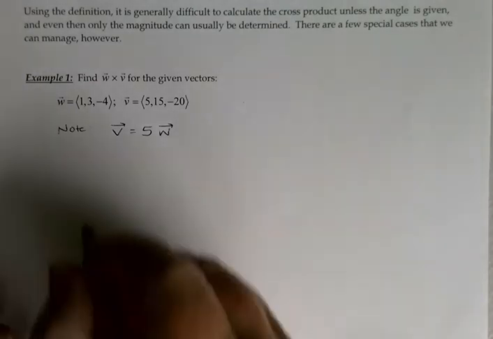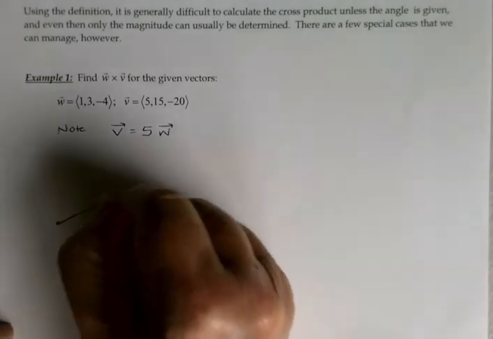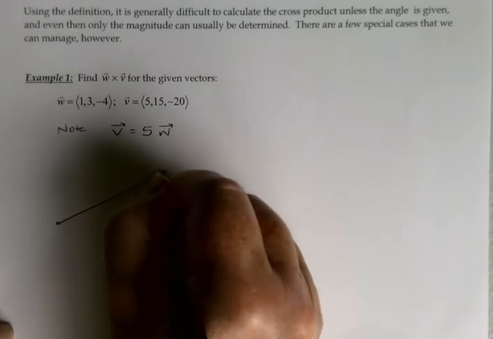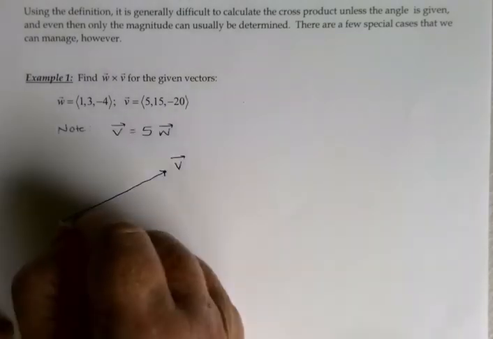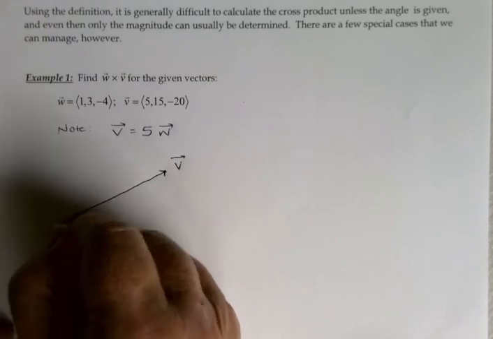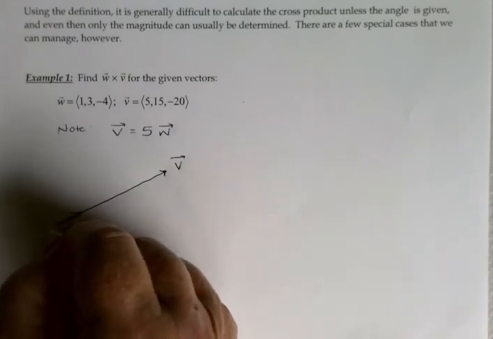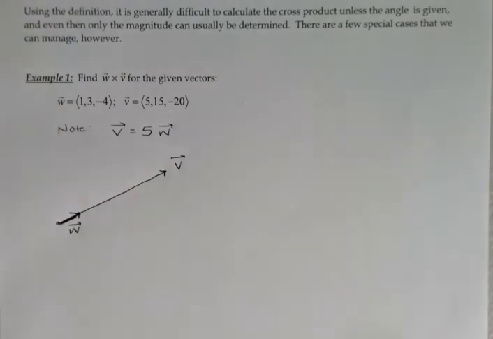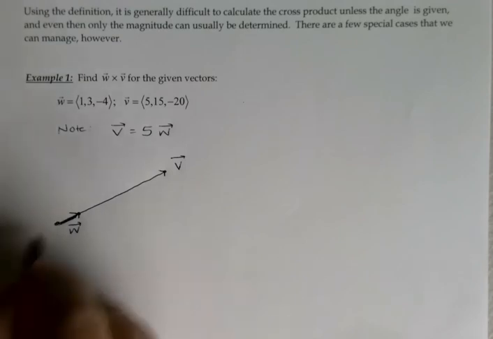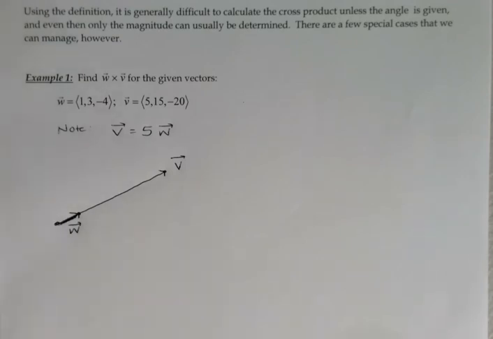V is just 5 times as long as W. So same direction, V is just 5 times as long. What that means is we actually know theta in this case, right? The angle between those two vectors is 0, since they're in the same direction.